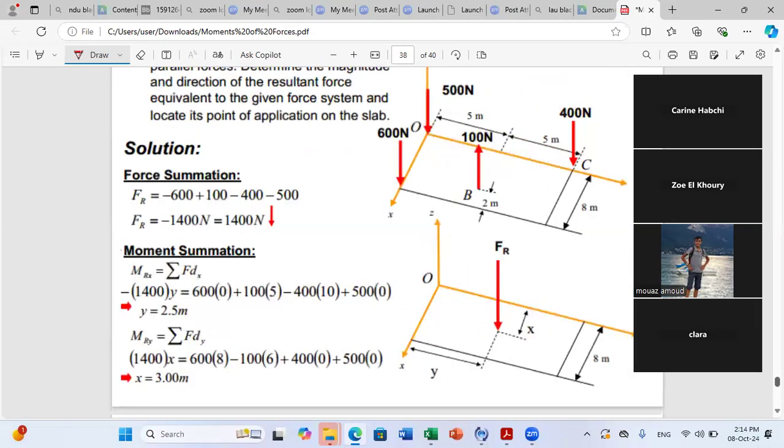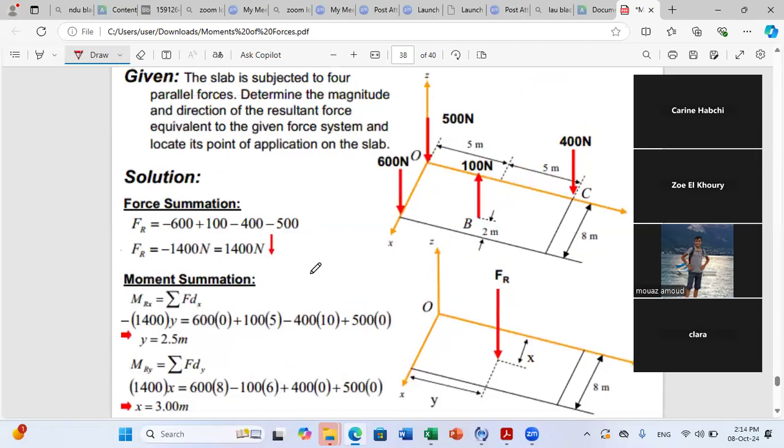If you have two forces and you know the plane, for example two forces in xy, you are sure in which direction the moment will be. The moment vector is always perpendicular to the plane of forces, okay?